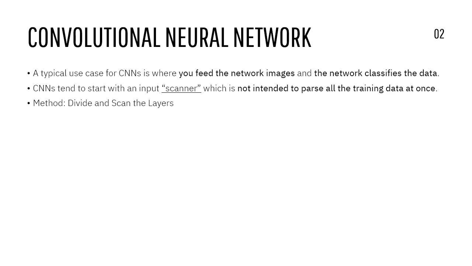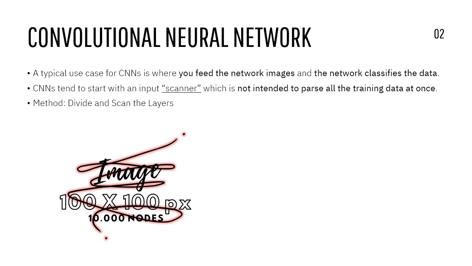Like if you have to input an image of 100 by 100 pixels, you won't want a layer with 10,000 nodes. It will cost you a high computational cost. Rather, you will create a scanning input layer of say 10 by 10 pixels, which you feed the first 10 by 10 pixels of the image.